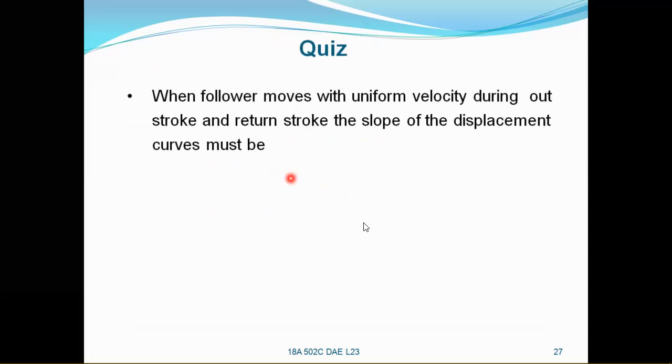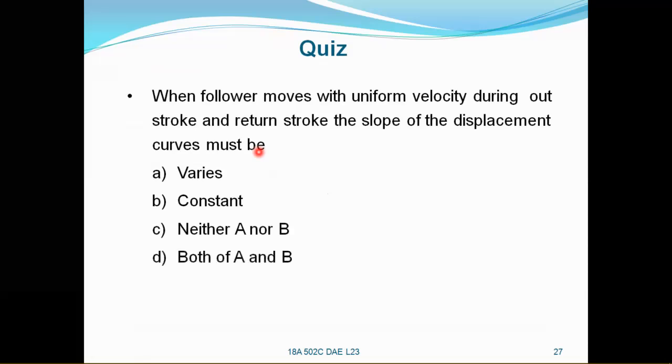So let us have a small quiz on this lesson, as far as we have discussed.